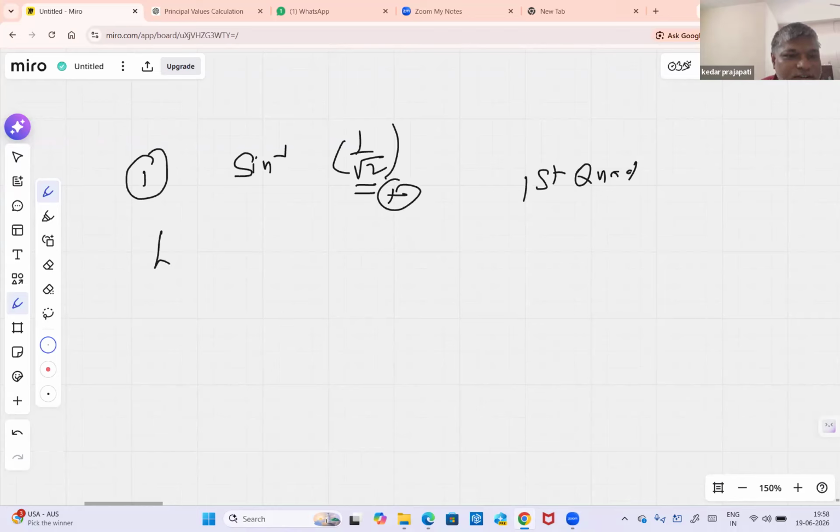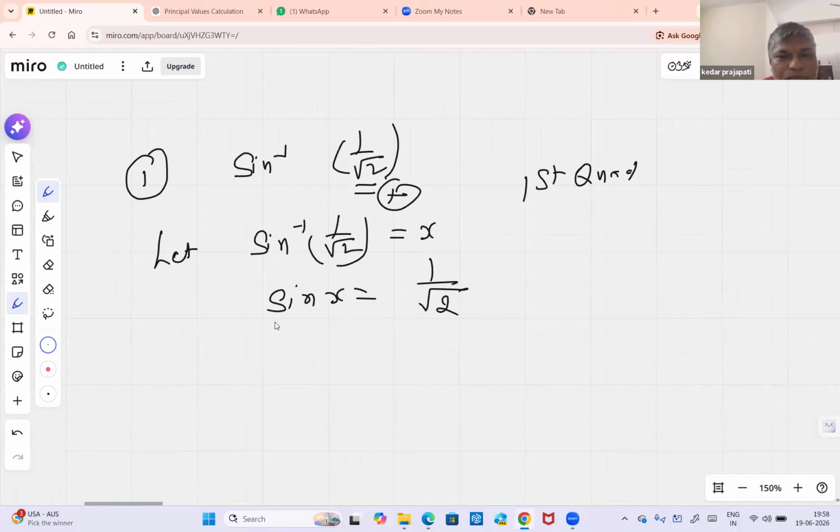Let sine inverse 1 by root 2 equal x. It means sine x equals 1 by root 2. For what angle will sine be 1 by root 2? Pi by 4.